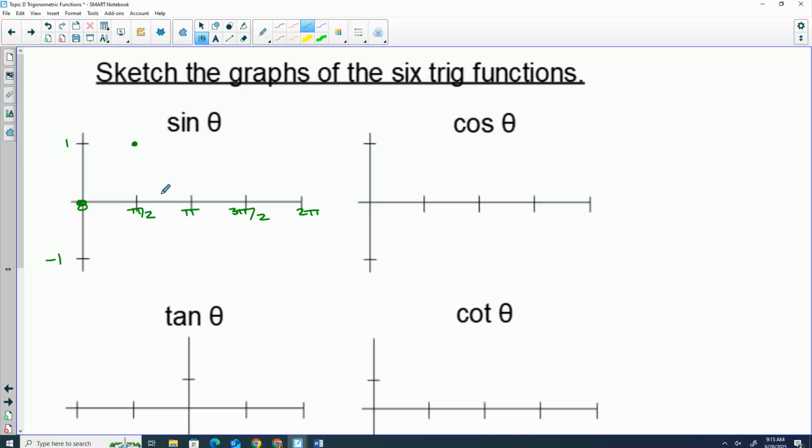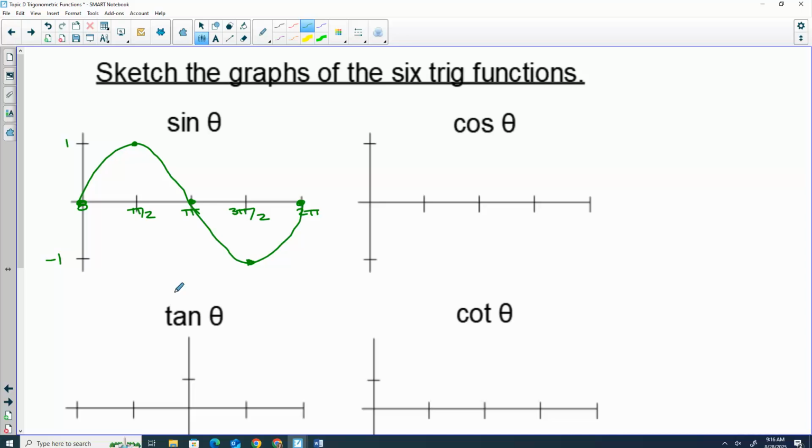Pi, it's like back to 0, just opposite signs, but the opposite of 0 is still 0. 3 pi over 2 is like pi over 2, except you're in a different quadrant. 3 pi over 2 gave us negative 1. And 2 pi, we are back to our starting point. So remember, this was a curve. Something like that.